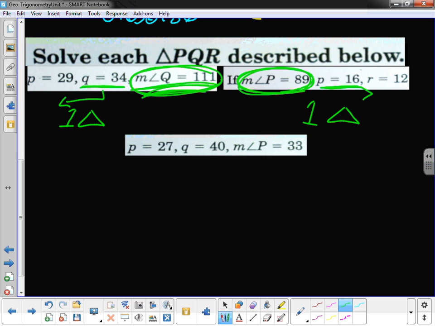Third case scenario. Again, my angle is less than 90 degrees, and the side opposite my angle happens to be less than the other one. We are into case 3.